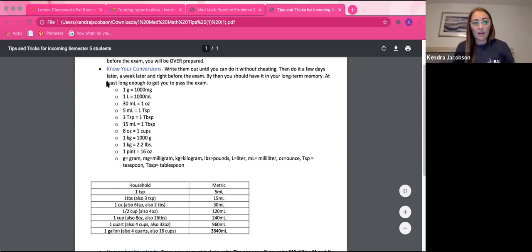I highly recommend looking at these conversions, and honestly, what I did to remember them is make flashcards, just because there are so many, where you'll be in a MedMath exam and it's like, oh, you have 3 tablespoons of medication. How many milliliters is that? So you will have questions with conversions.